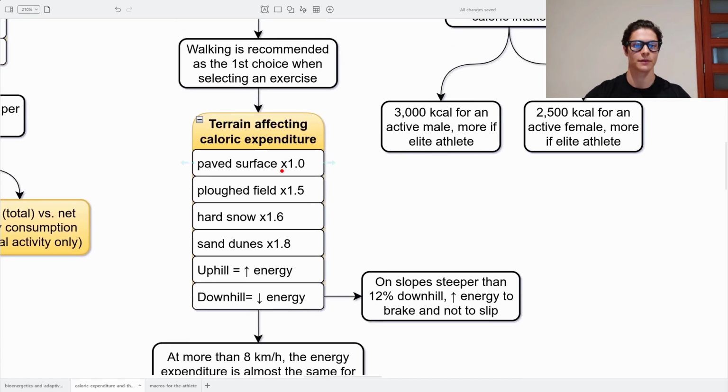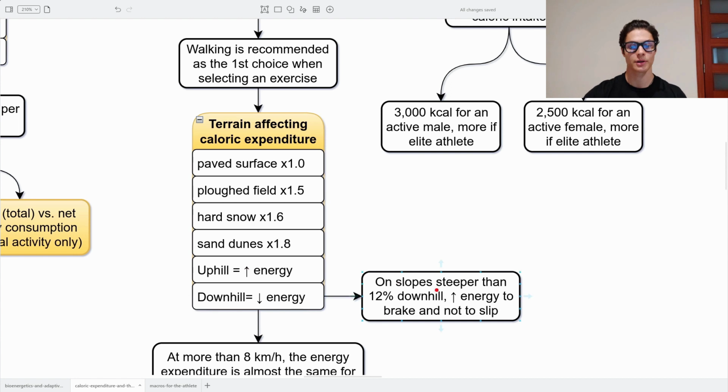So a paved surface multiplies the energy consumption by 1.0, a plowed field by 1.5, hard snow by 1.6, and sand dunes by 1.8. That's why it's very, very demanding running on sand. Then uphill there is a higher energy consumption and downhill a lower energy consumption.